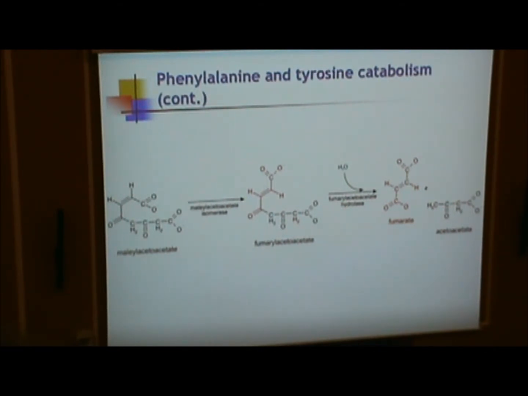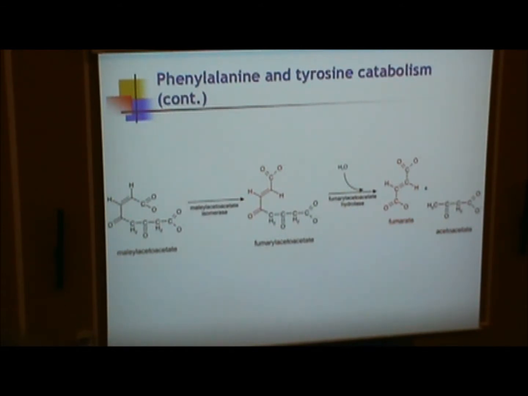This is the fumaryl group, the red one, and this is the acetoacetate group, the black one. This is the name of the enzyme. So under the action of this enzyme, the maleylacetoacetate is converted into fumarylacetoacetate.